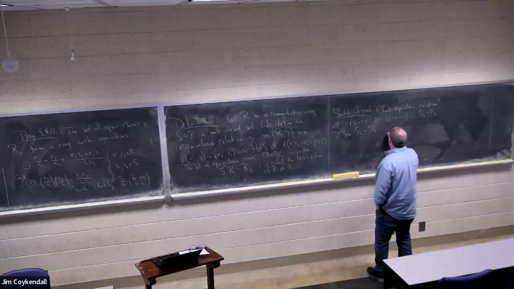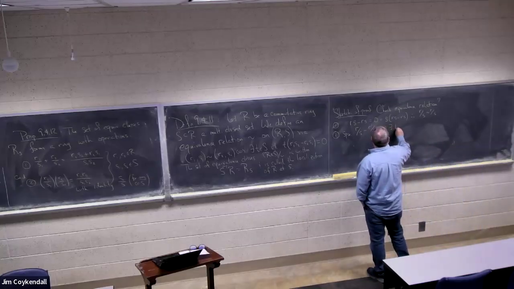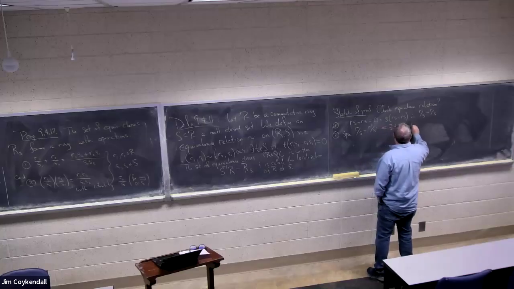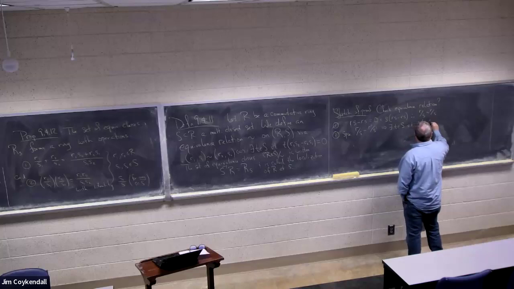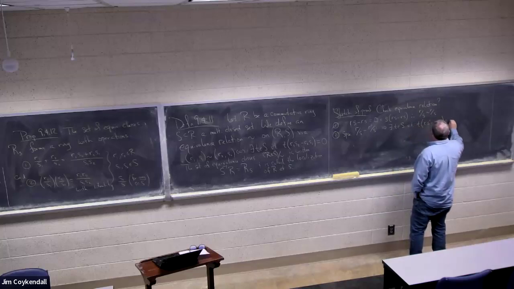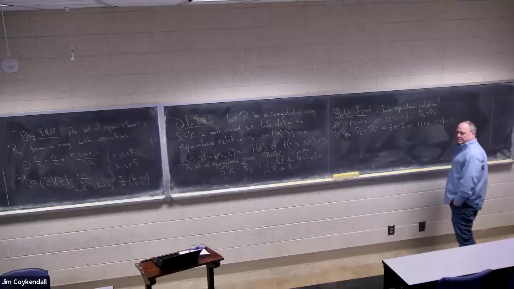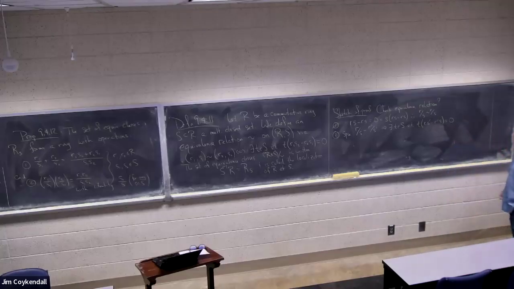This implies there exists a T and S such that T times (R S prime minus R prime S) is equal to 0. I agree with that.